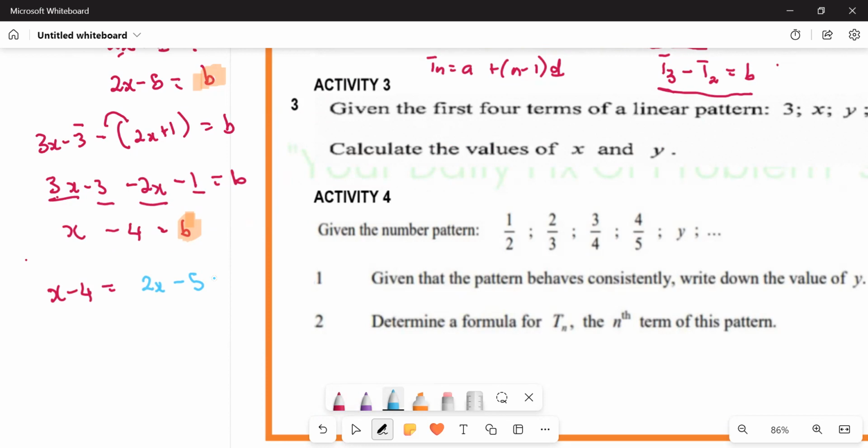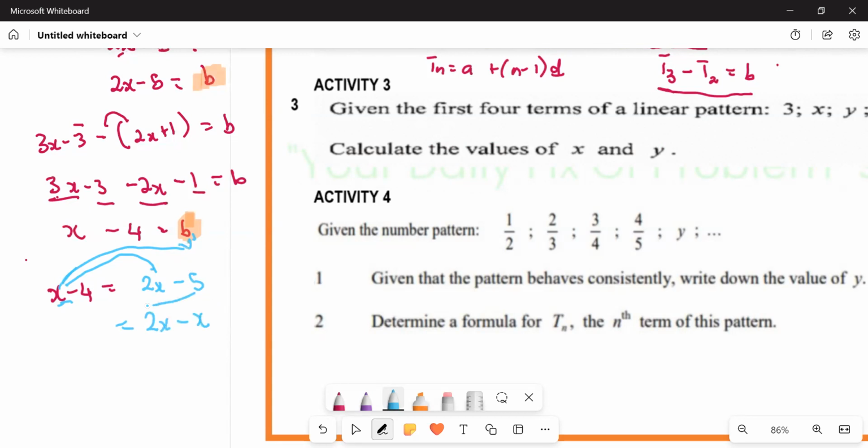Now we want to solve for x here. How would you solve for x? You can take x to the other side. If you take x to the other side, it becomes positive 2x minus x.